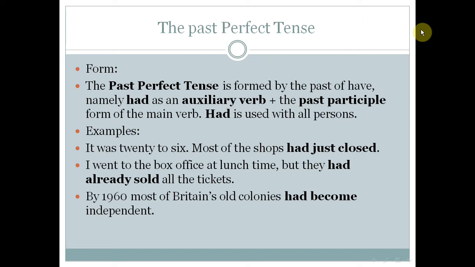So, had plus the past participle is used to form the past perfect tense, and had is used with all persons. We say, I had gone, you had gone, he had gone, she had gone, they had gone, it had gone, we had gone.